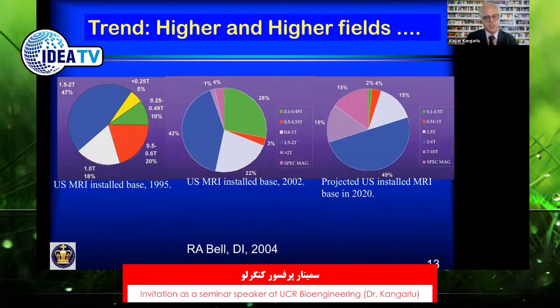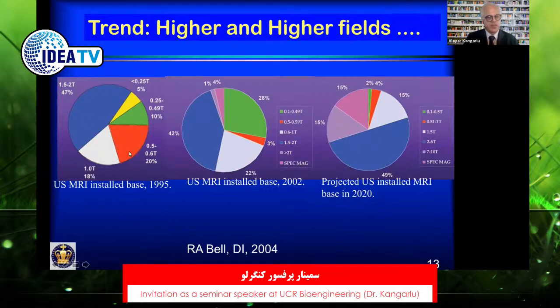This was the perspective when we set out to build the ultra high field scanner. At the time, the number of magnets was distributed among different field strengths. As you see, the dominant number of magnets were 1.5 to 2 Tesla, mostly 1.5 Tesla.